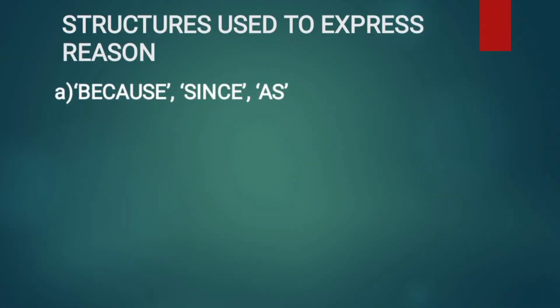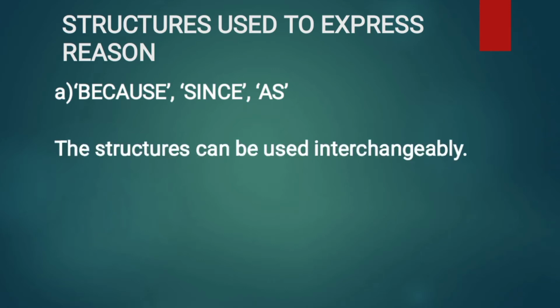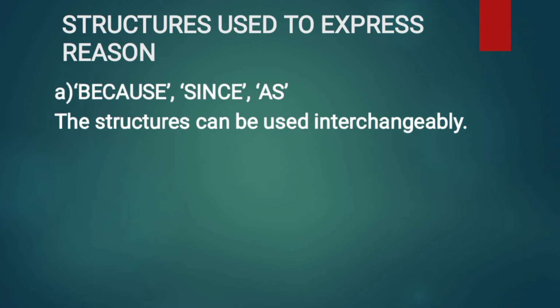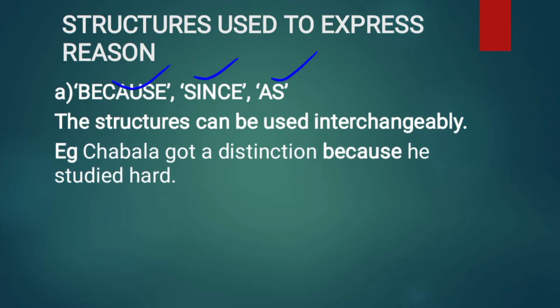We'll start with the same one, because, since, and as. So these three words mean the same thing as in reason. They can also be used interchangeably, meaning where you can use because, you can use since, or as. It is one and the same thing. Example, Chavala got a distinction.